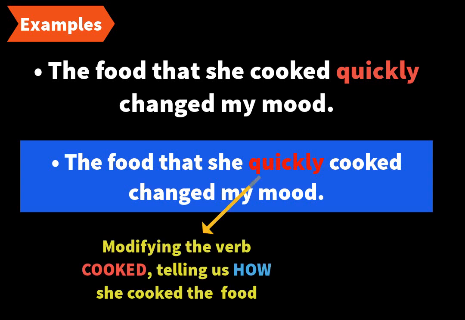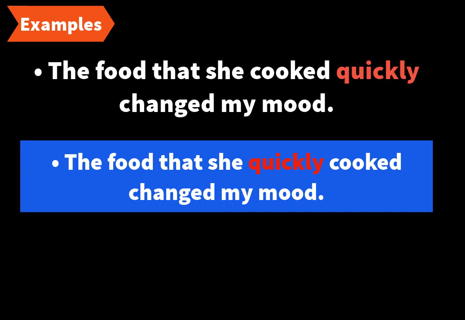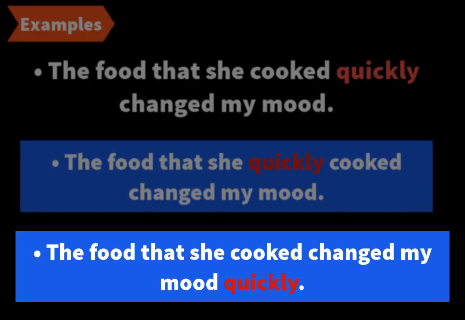Now you know what this modifier quickly is modifying. It's modifying the action of cooking. The food that she quickly cooked changed my mood. All right. Now, if I want to focus on the action of changing, I'll put the modifier at the end of the sentence. We'll say, the food that she cooked changed my mood quickly. So that's how you deal with a squinting modifier.